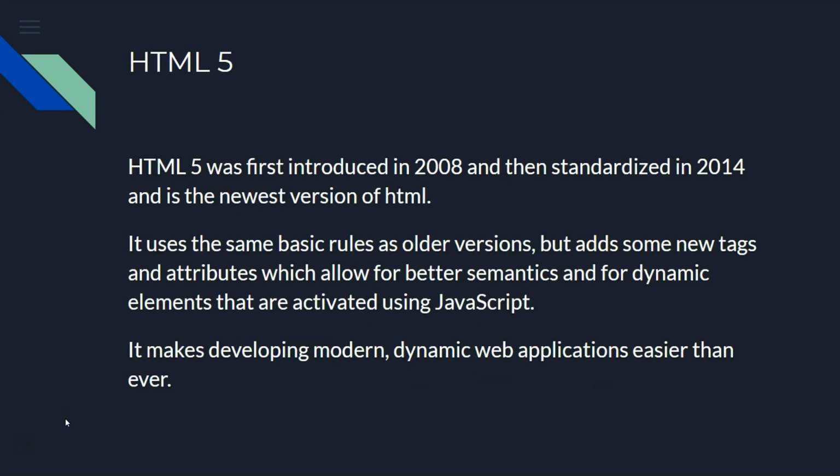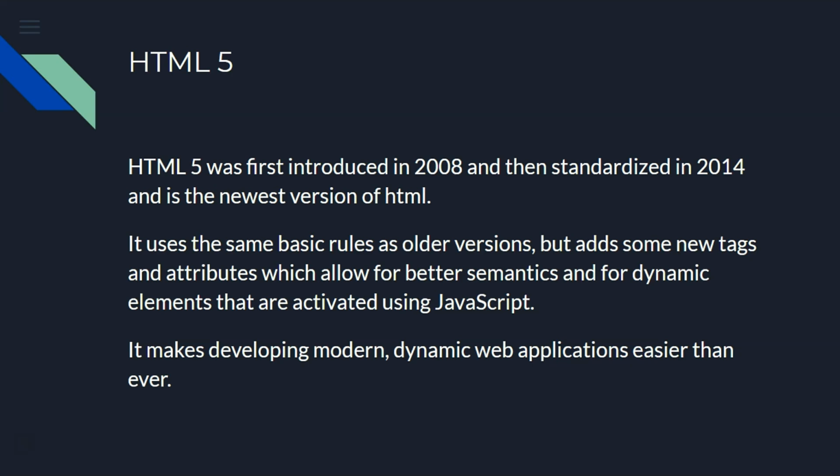HTML5 was first introduced in 2008, and then it was stabilized, you might even say standardized, in 2014, and is the newest version of HTML. If you look into the history of HTML, there are some interesting things that happened from 2008 until 2014 that you can learn more about, the standardization of it and how it evolved.